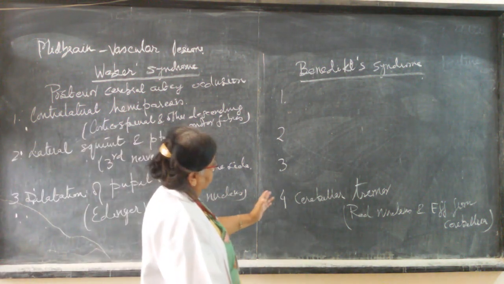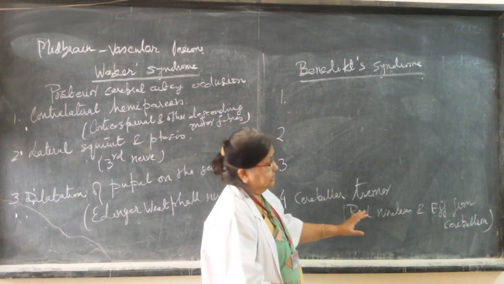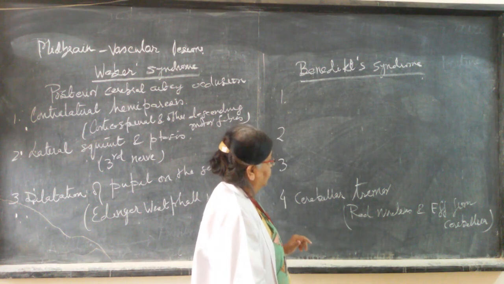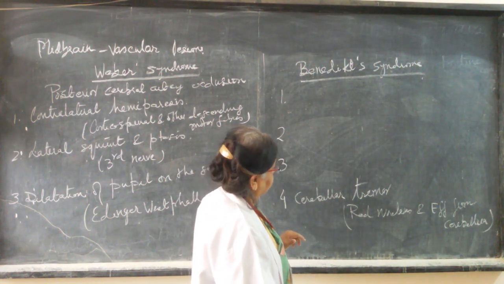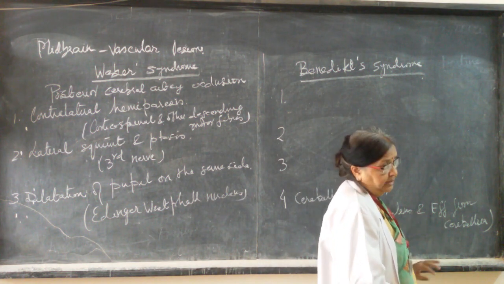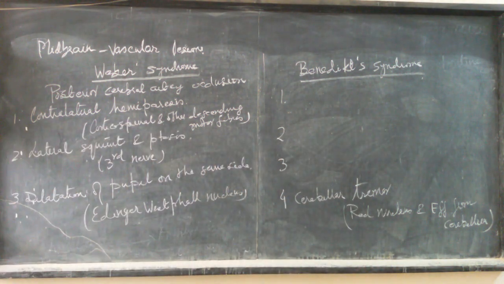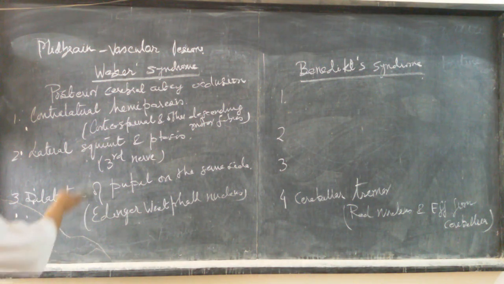Associated with these, there will be cerebellar tremors. And this is due to involvement of the red nucleus and efferents from the cerebellum. These are the two important vascular lesions related to the midbrain.